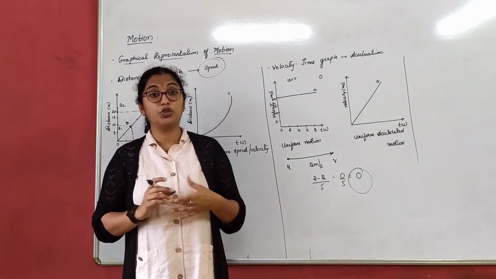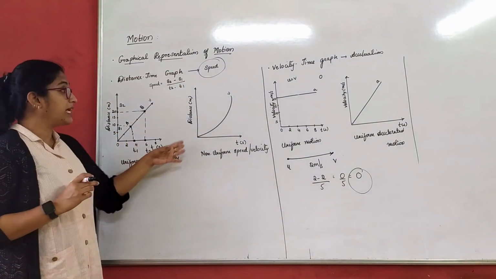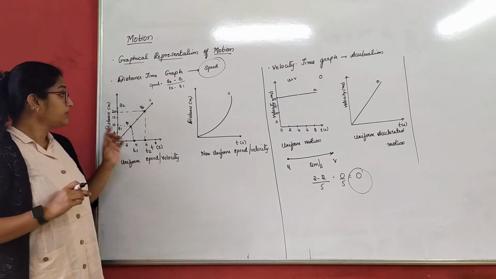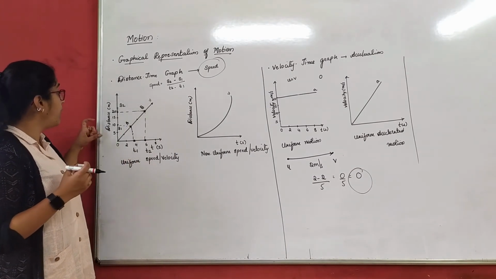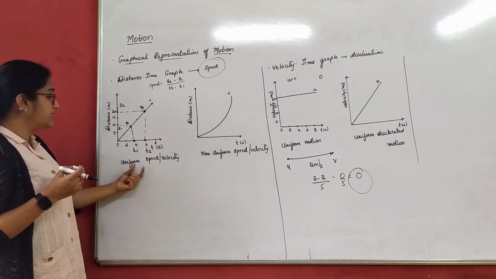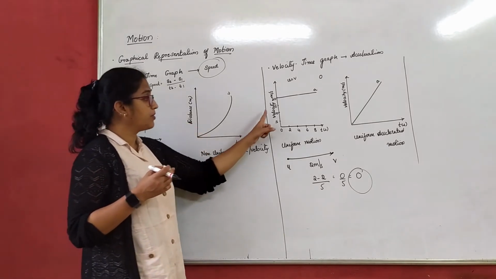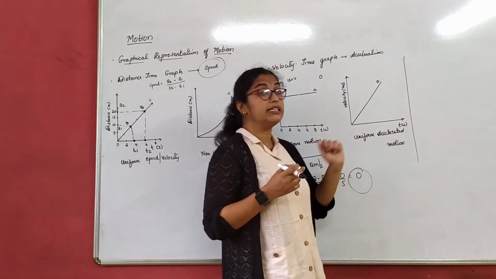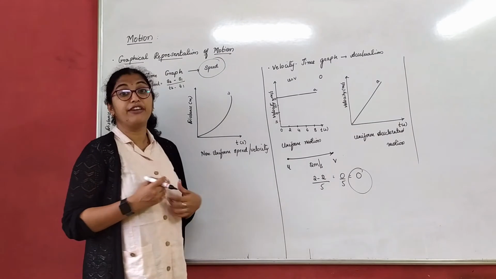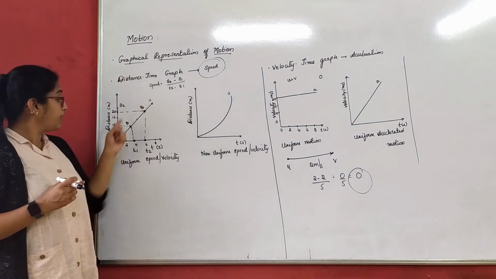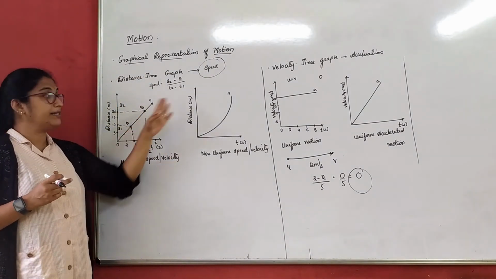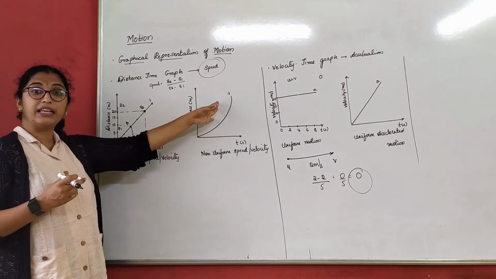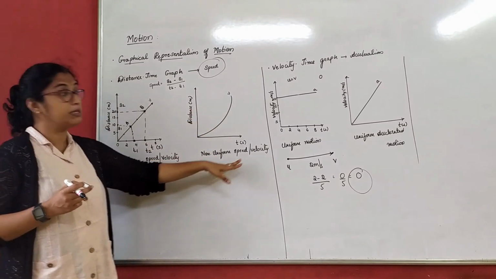Now here, what you have to remember is that sometimes graphs are given to us to identify. It is given as distance time or velocity time. Looking at the graph, we have to tell: when we look at this, I can tell this is uniform speed. I can tell this is variable speed, that is non-uniform speed.